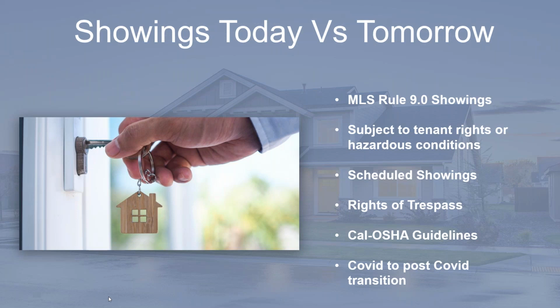One of the primary permissions, or the rights of trespass for showings, are granted through the listing agreement under the showing instructions. So you might have seen a "call listing agent for more details," and you do that, and then you are asked to go into a scheduled showing software program of different varieties that are out there, and ultimately scheduling that activity to occur.